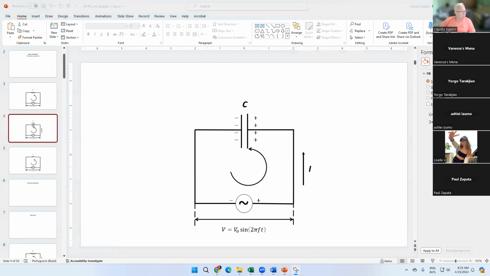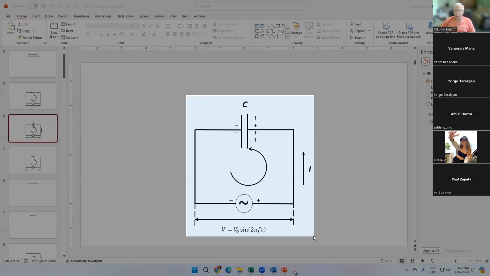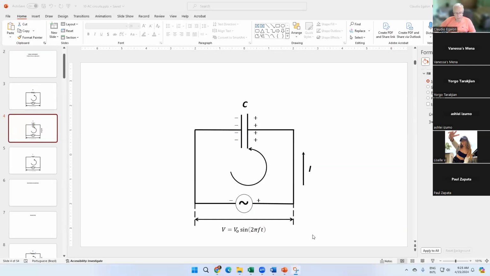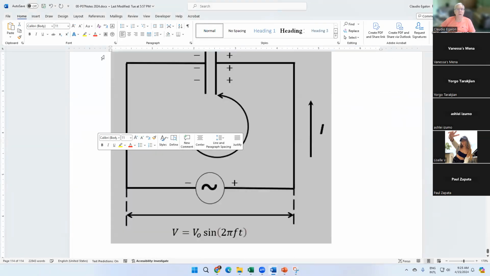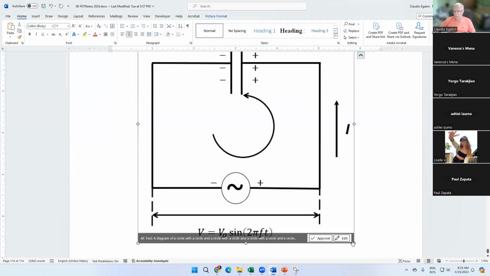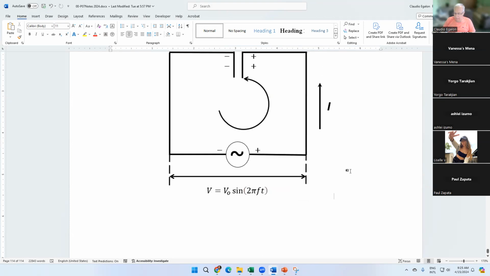I'm going to copy the capacitor C. Copy this guy, and here's the circuit. Okay, AC circuit with a capacitor C.